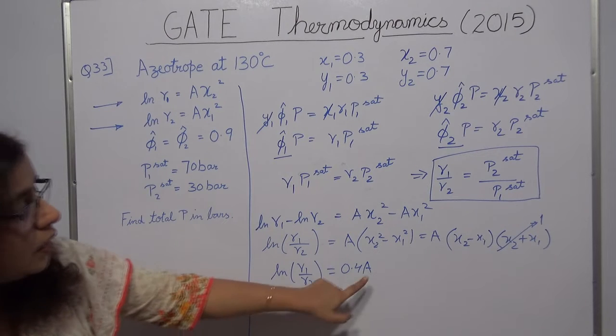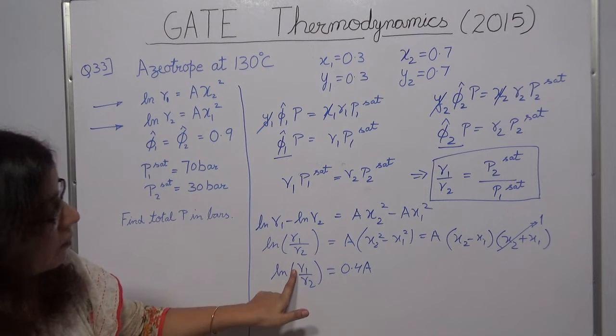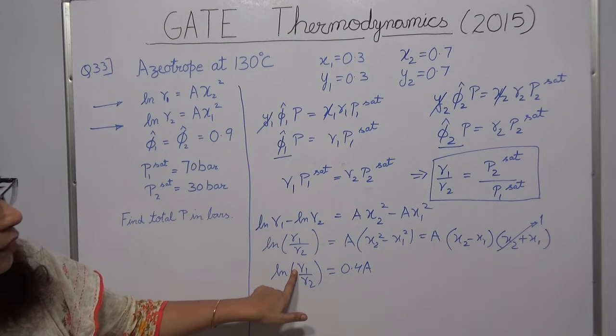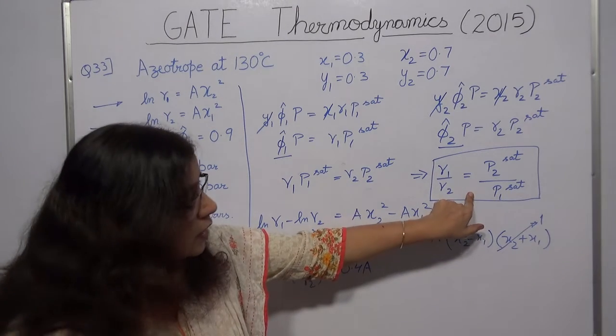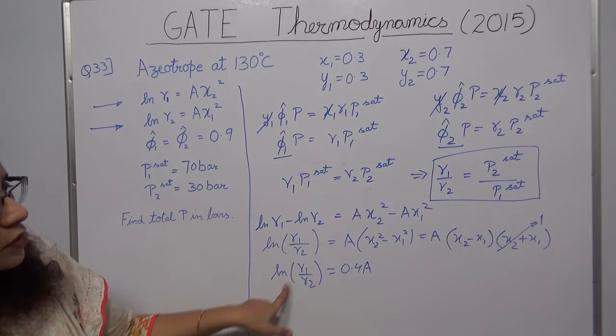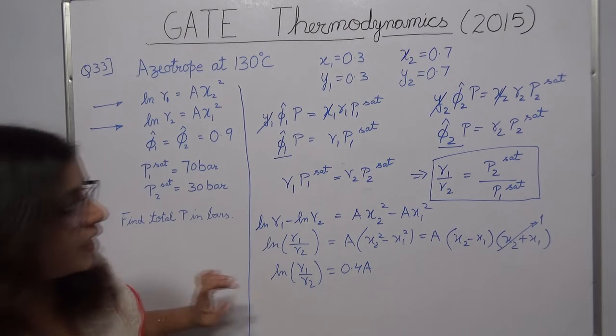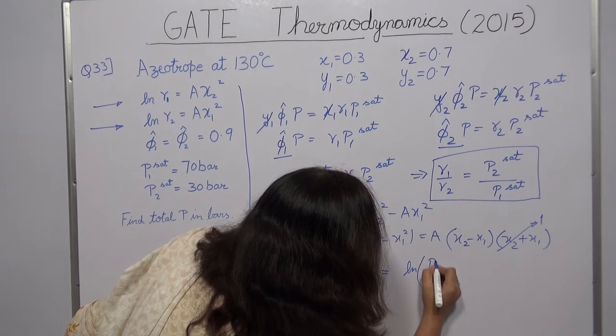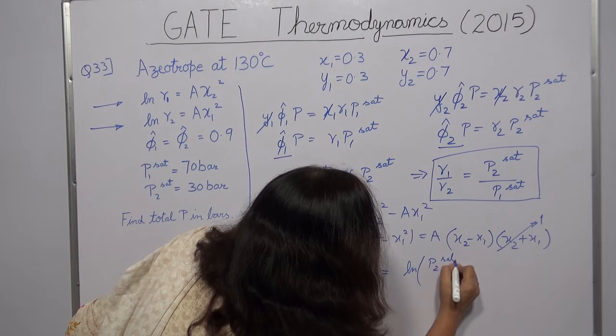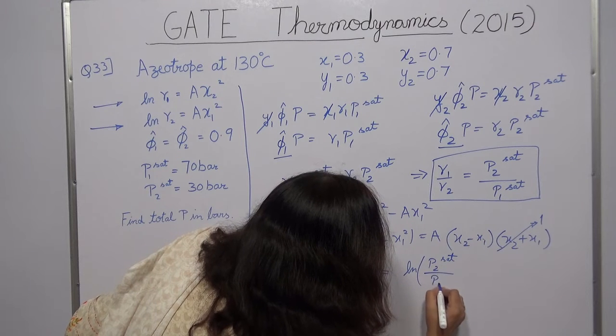Let's see. Now I don't know a, but I know gamma 1 by gamma 2 from this equation, so I can put it over here. So instead of gamma 1 by gamma 2, I can write this equation as ln of P2 sat upon P1 sat.